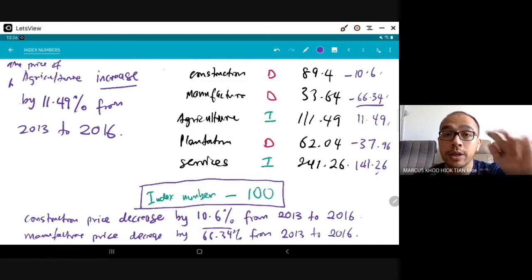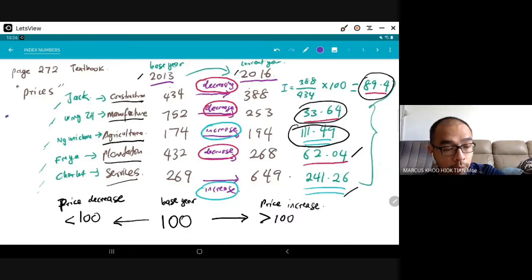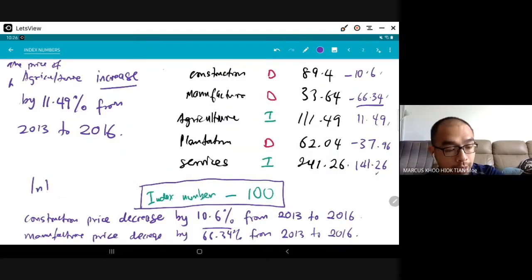So these are the two most important things that I want you to cover today. Number one is how to calculate the index number. We calculate the index number by using the formula Q1 over Q0 times 100. And number two, I want you to know how to interpret the meaning of the index number.